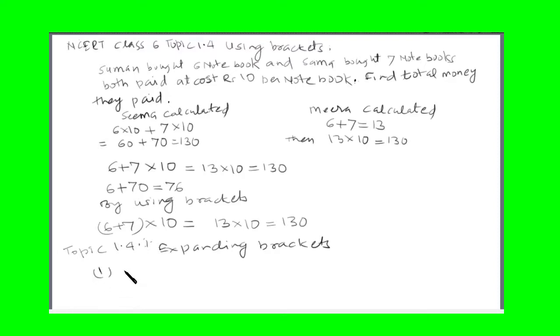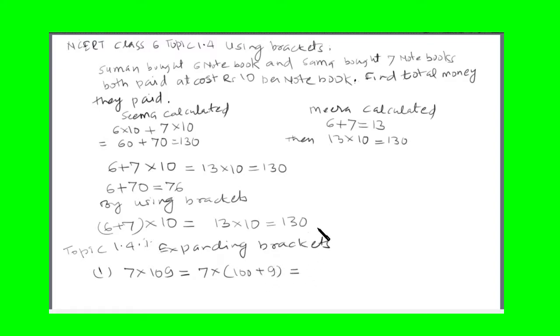Our first example is 7 multiplied by 109. So what we do, 7 multiplied by 109 is split into two parts: 100 plus 9.